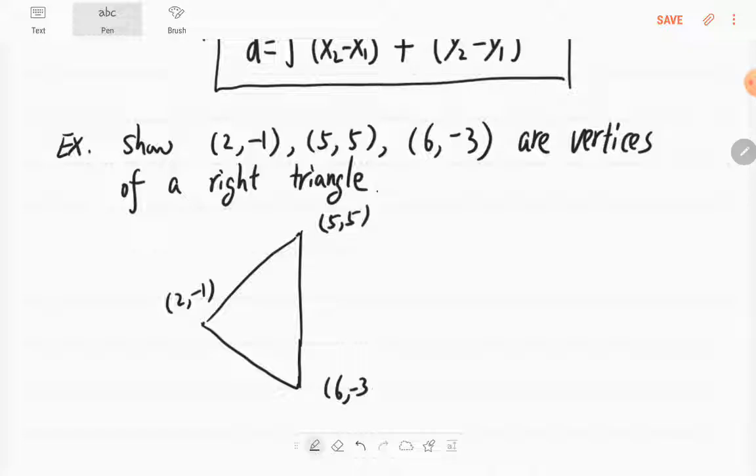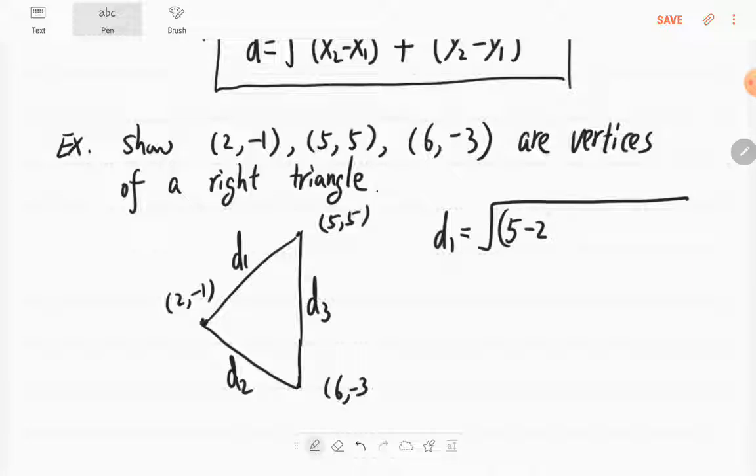So now let's say this is the D1 side, this is the D2 side, and this is the D3 side. Let's calculate the distance between 2 points. D1 is the distance between these 2 points, so it's the square root of (5 minus 2) squared plus (5 minus negative 1) squared.